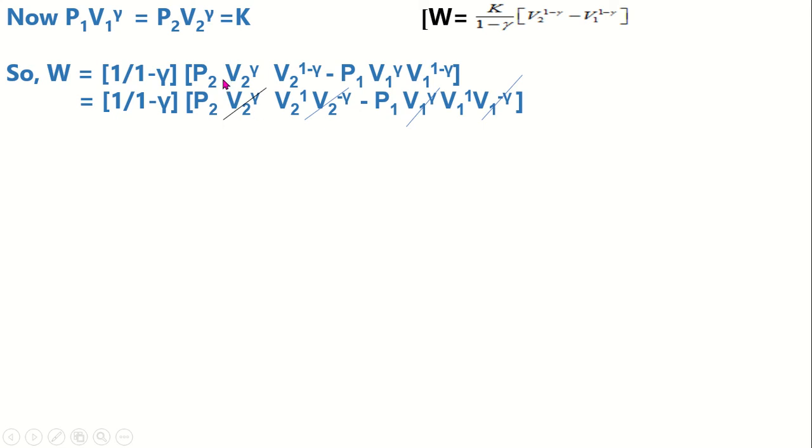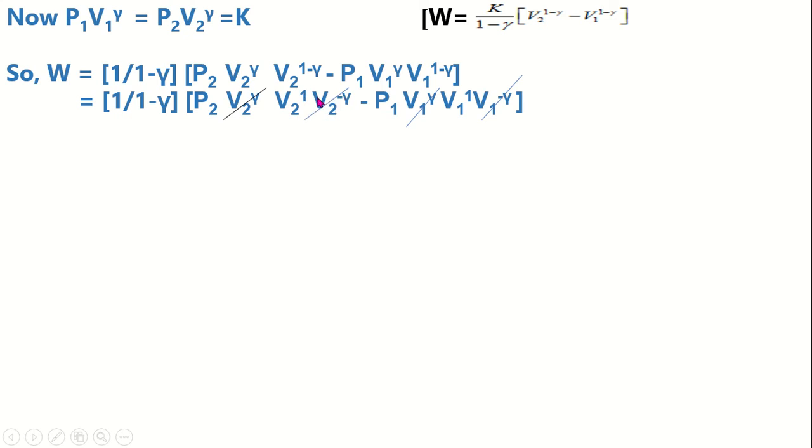So look here, P2 V2 to the power gamma into V2 to the power 1 minus gamma minus P1 V1 to the power gamma into V1 to the power 1 minus gamma. Now V2 to the power 1 minus gamma can be written as V2 to the power 1 into V2 to the power minus gamma, isn't it?